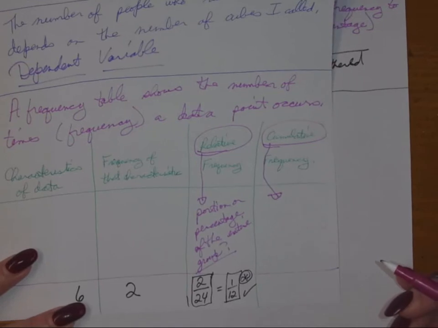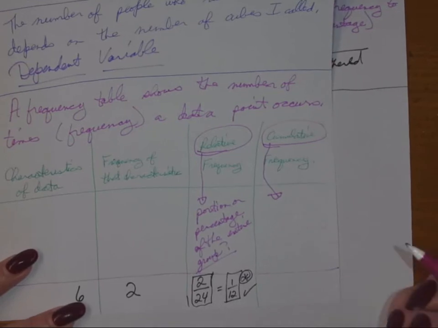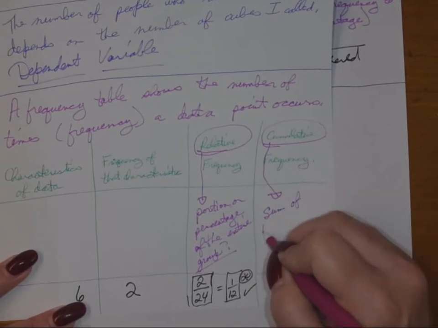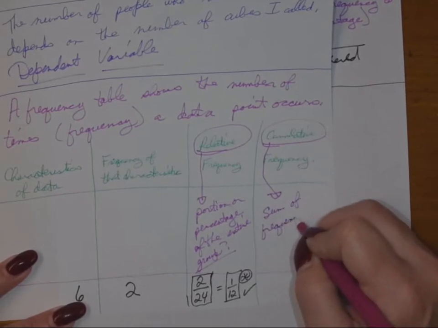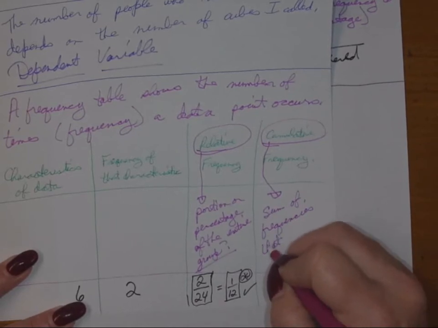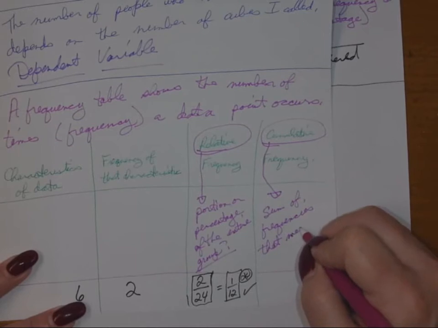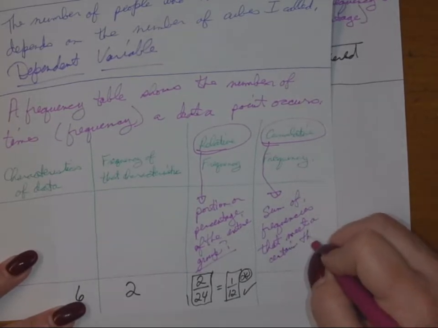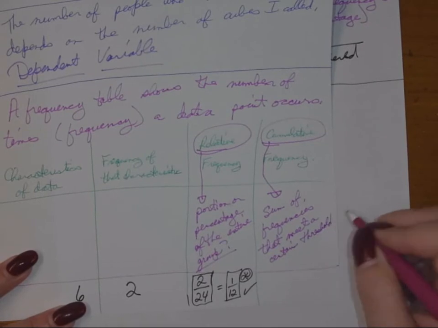Okay. So basically we call it a sum of frequencies that meet a certain threshold. Actually, I should have put this on the next page.